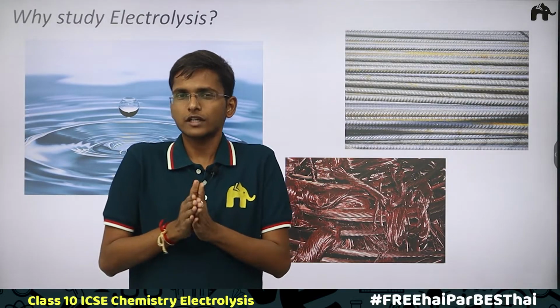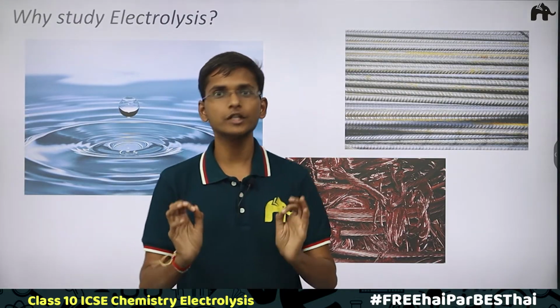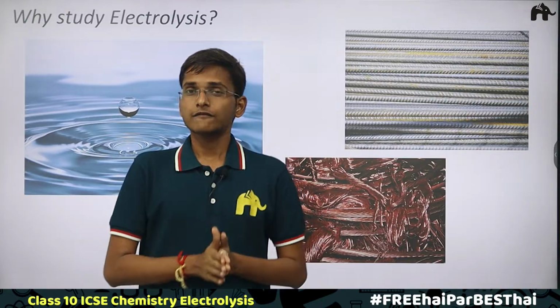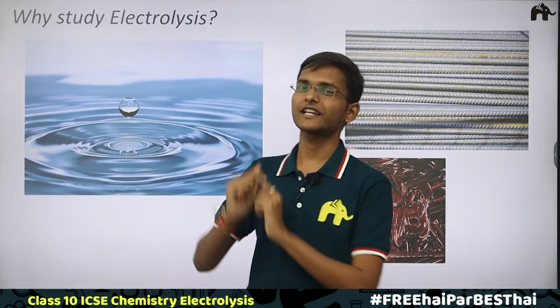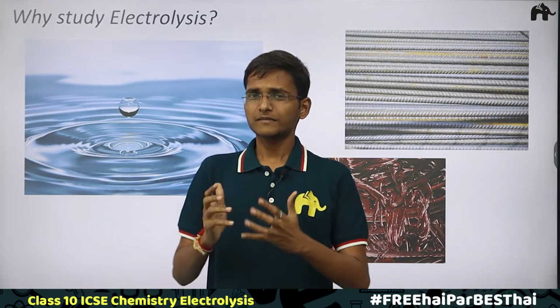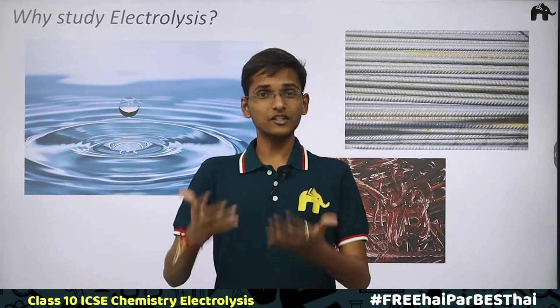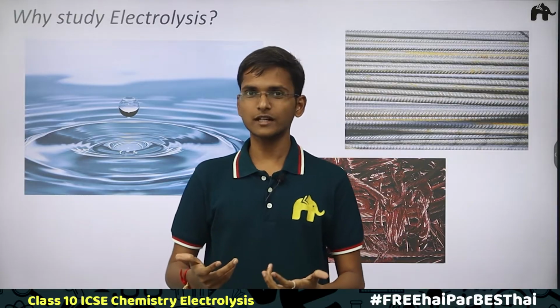So what is ensured is that these copper wires are made absolutely pure, and for making them pure, again we take the help of electrolysis. There are so many such applications of electrolysis. I am actually excited to teach you this topic, and I hope you are also excited and interested to study now, right?